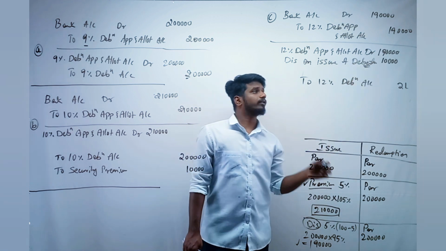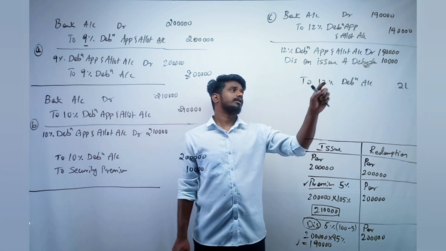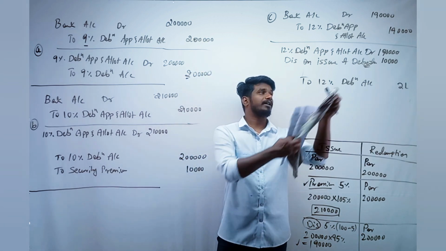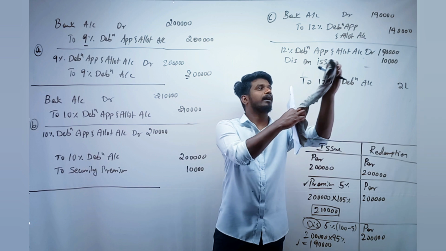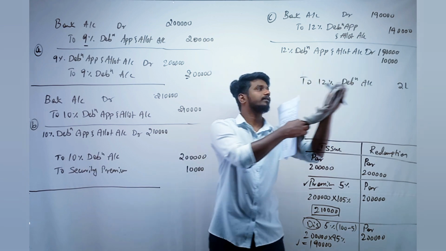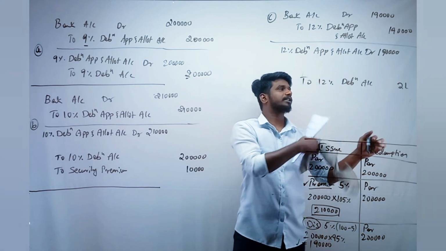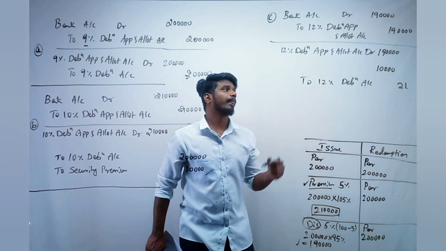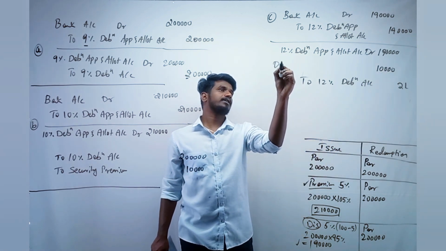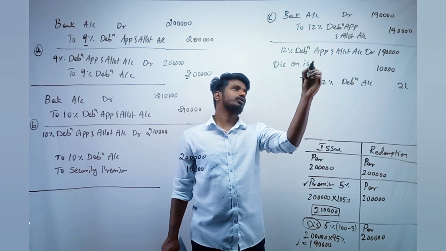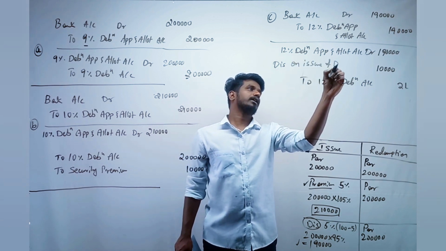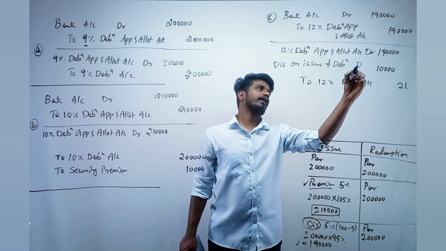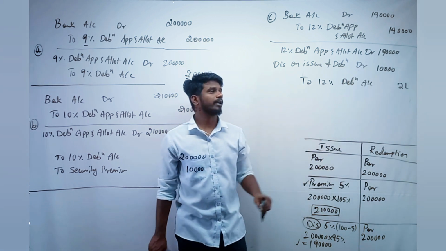You write it in full. That's it. Discount on issue of debenture debit. So let me write it clearly. Here how much is less? 10,000 is less on the debit side, and write it as discount on issue of debenture, debit, for 10,000.